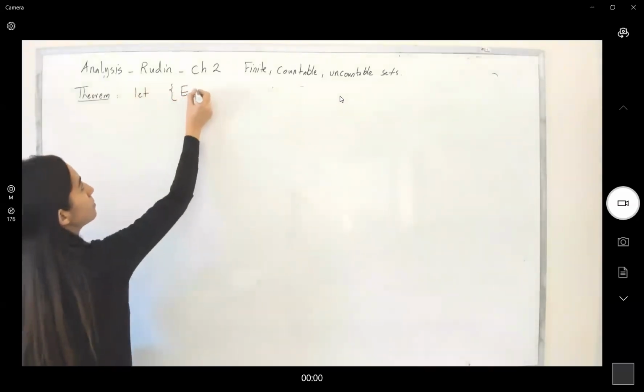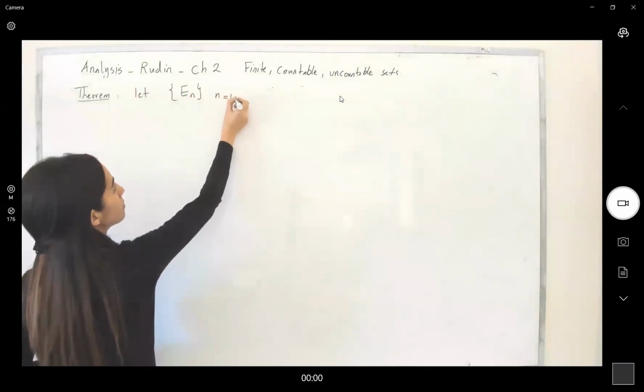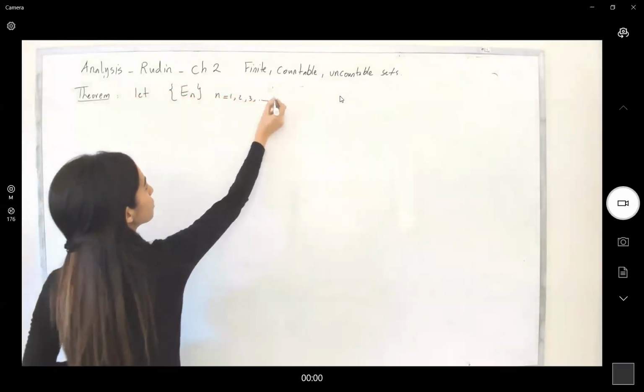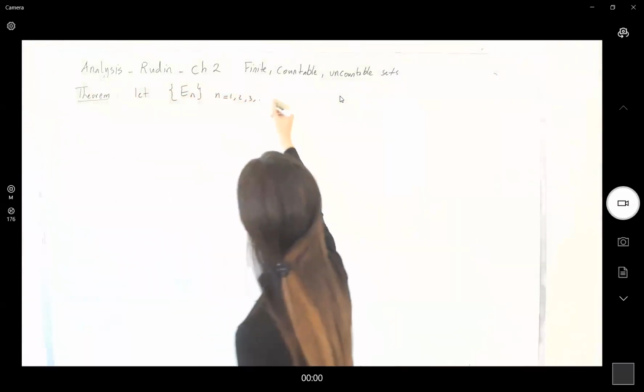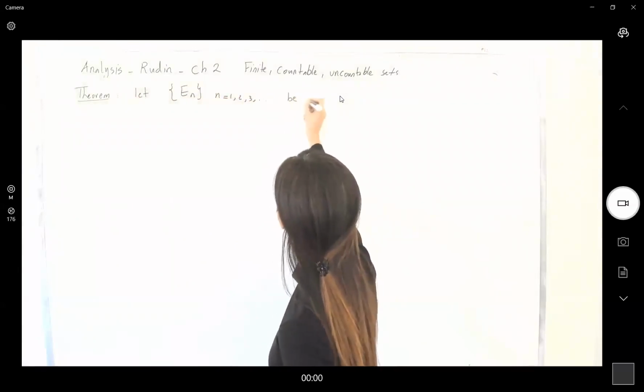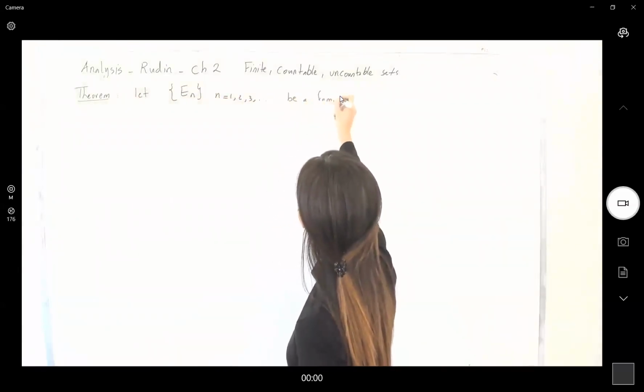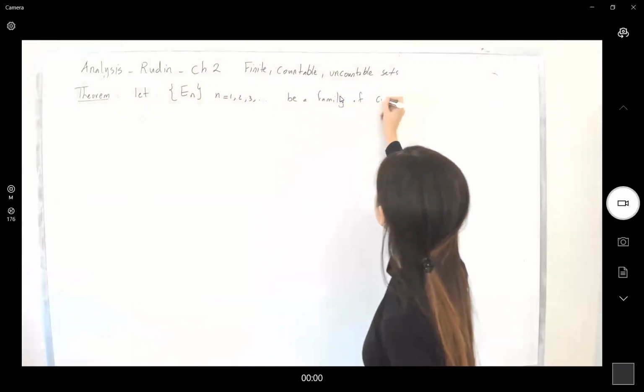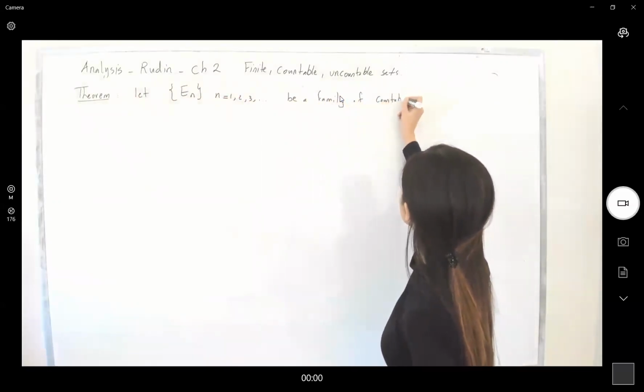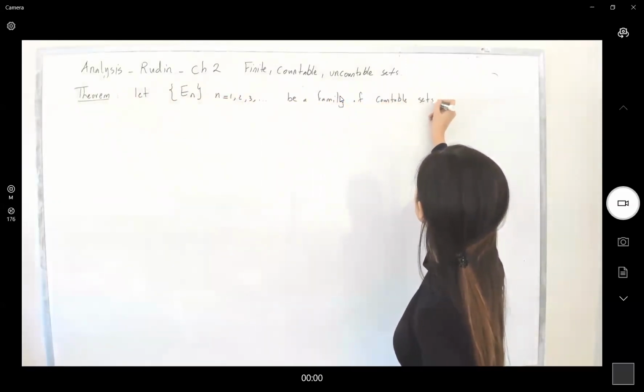Let E sub n, n equals 1, 2, 3, and so on, be a family of countable sets.